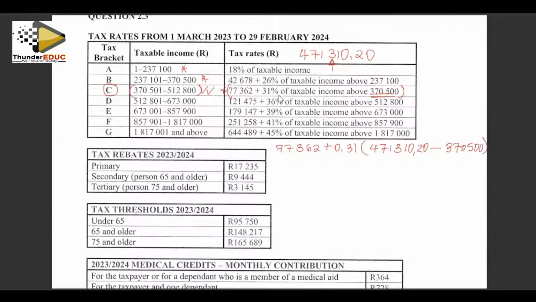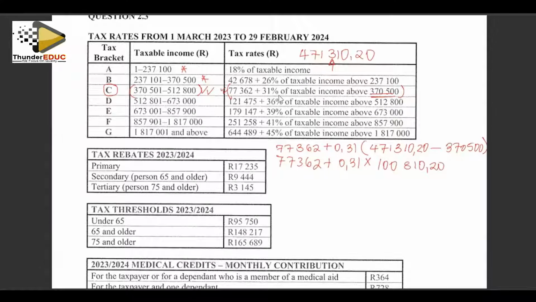To avoid getting wrong answers at this moment in time, you can put this into your calculator. All right, put it in your calculator where it is. Or you come here, do this for me, get the answer that you have in the brackets there. You have 100,810.20 cents.